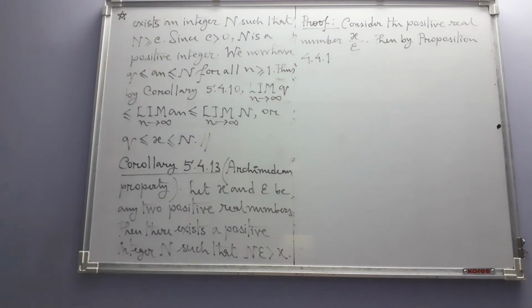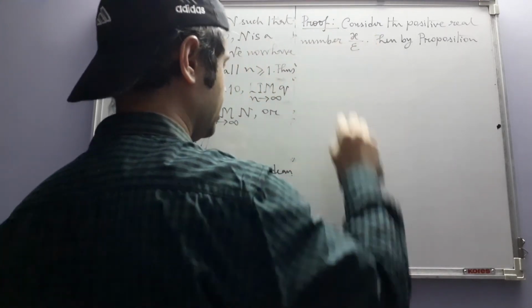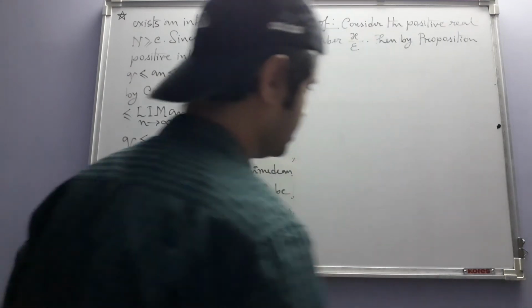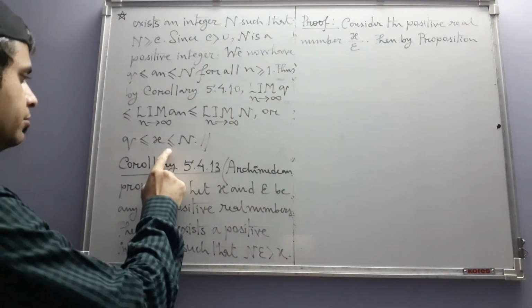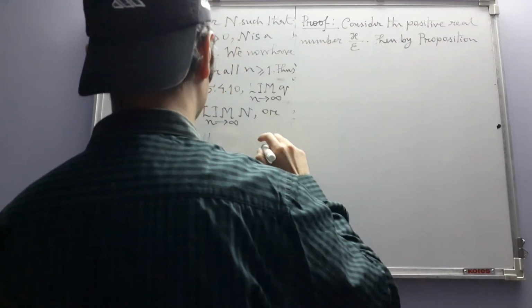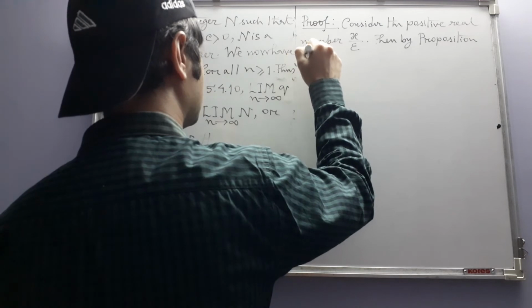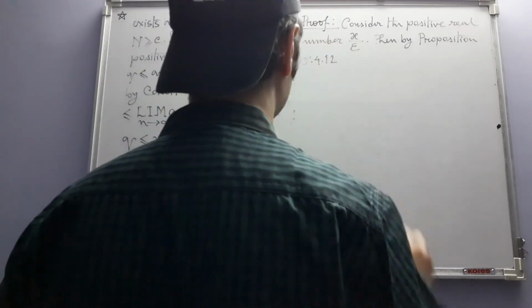And in fact proposition 4.4.1 cannot be applied here also, because the number x divided by epsilon is not a rational number, it's a real number, so we have to use this part. So by the previous proposition, that means 5.4.12.